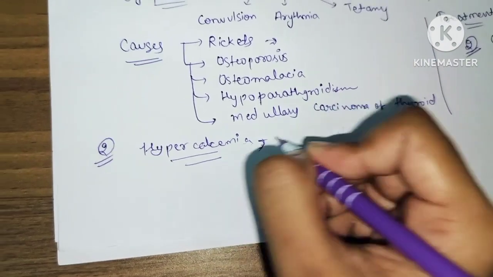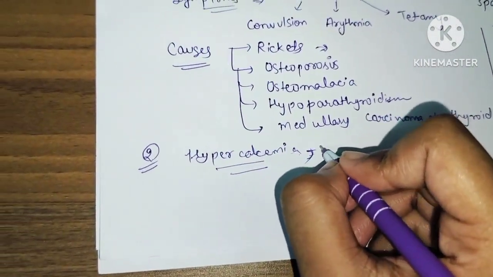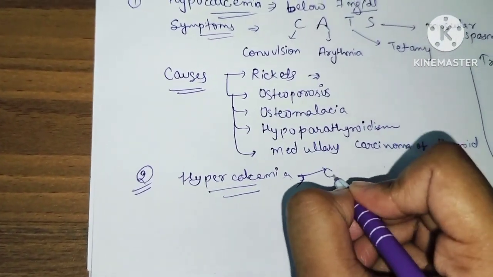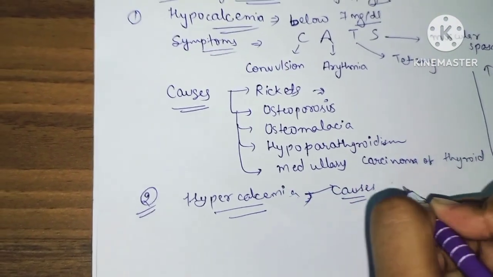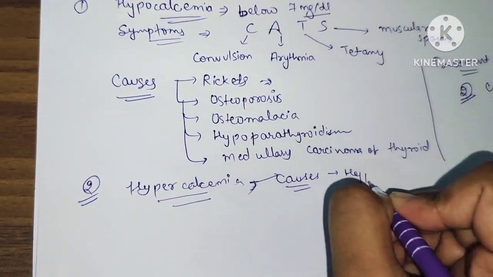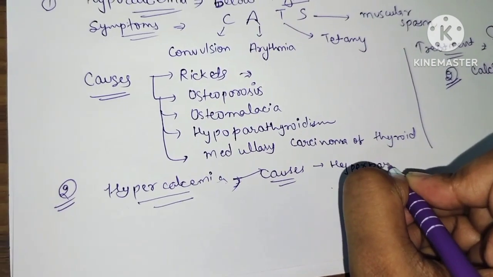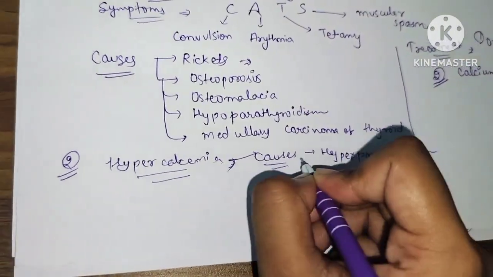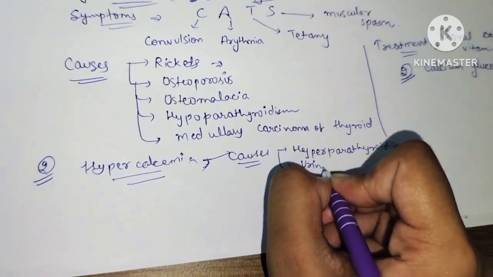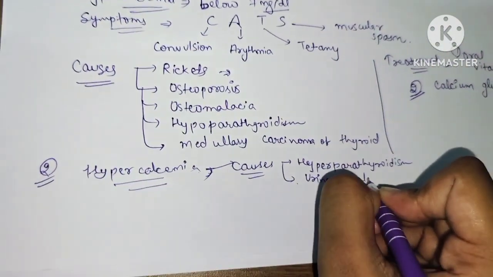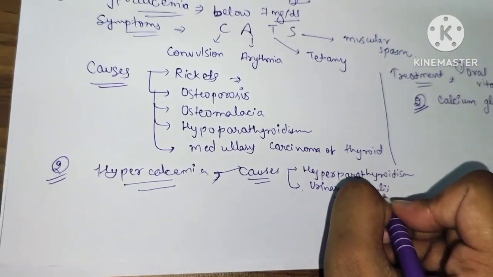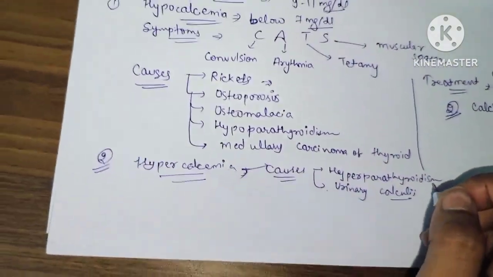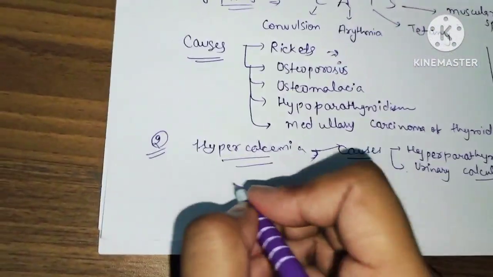The causes of hypercalcemia are hyperparathyroidism, or a patient with urinary calculi. In urinary calculi, there is an increase in the excretion of calcium and phosphorus.